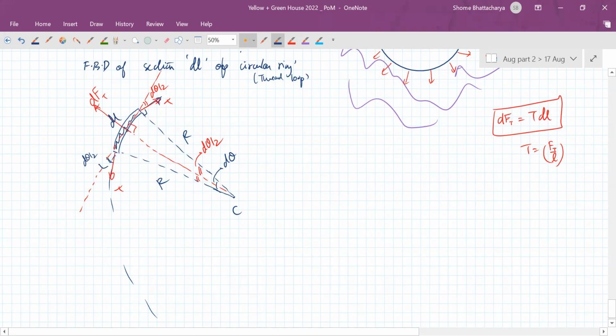So the component of tension towards the center, that is 2T sine d theta by 2, has to balance the force due to surface tension outwards. Okay. So that is 2T sine d theta by 2 has to balance surface tension multiplied by dl.